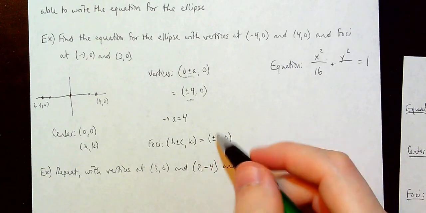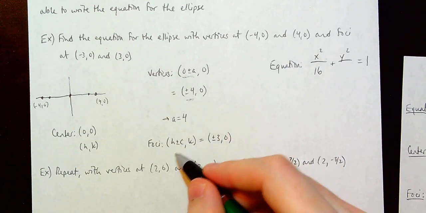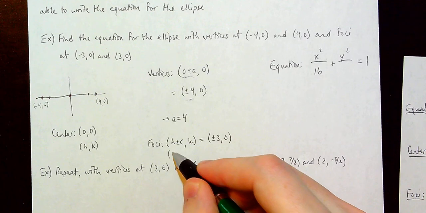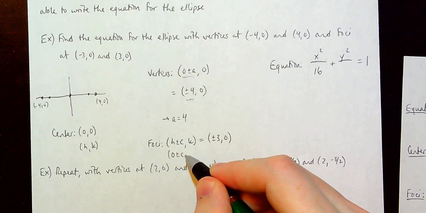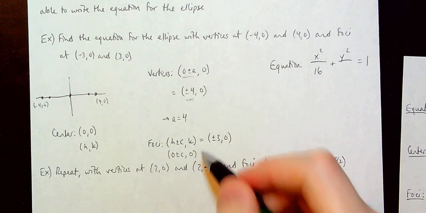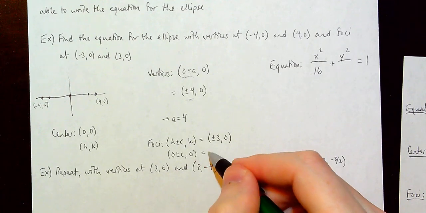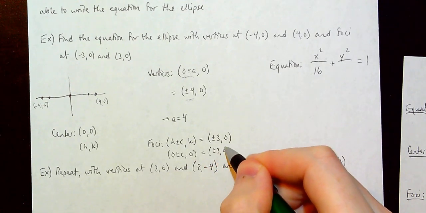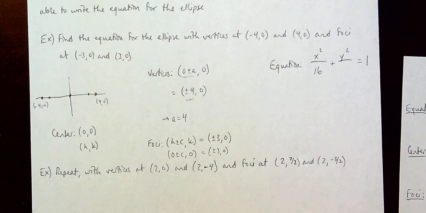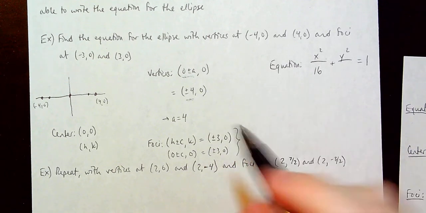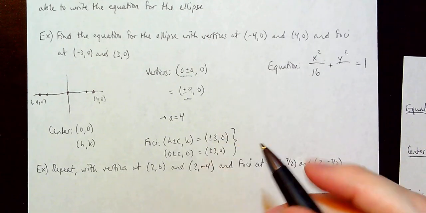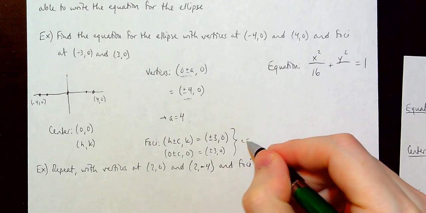So again, comparing these two things, we know that h is 0. So we have 0 plus or minus c, and then k is 0 as well. So from this, just like we did with our vertices, we can figure out that c is going to equal 3.